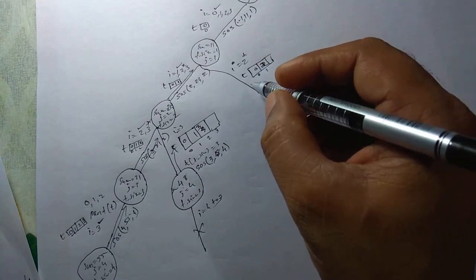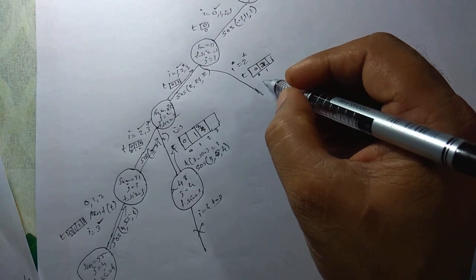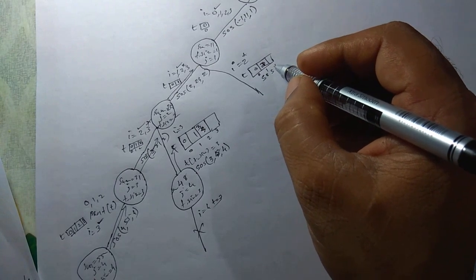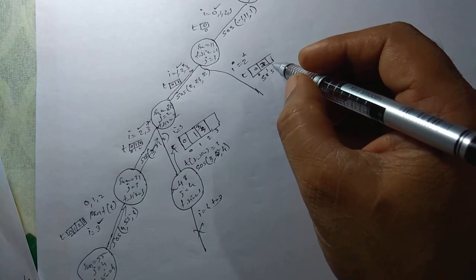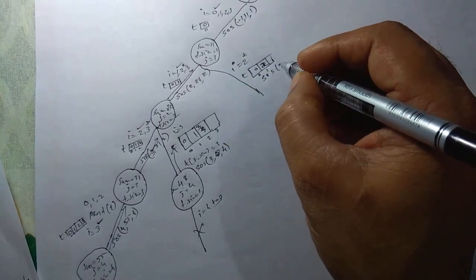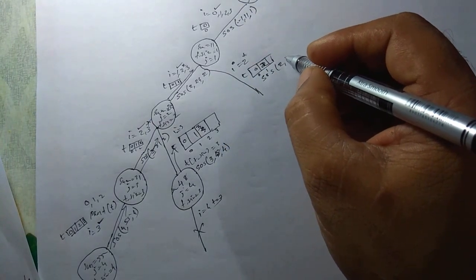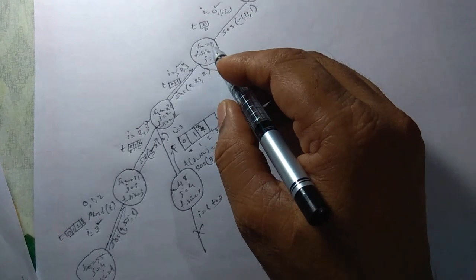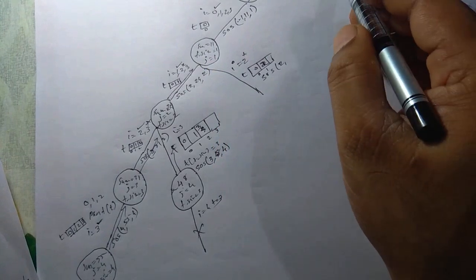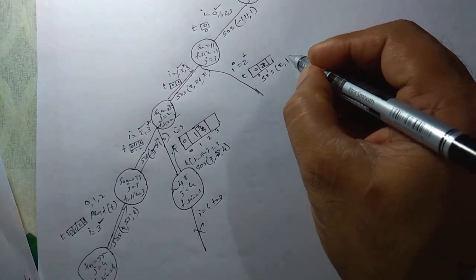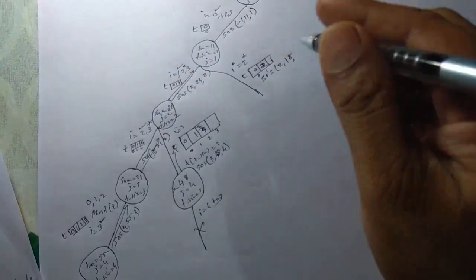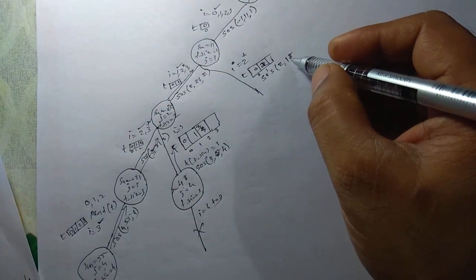Then it has to do SOS, sum of subset, with t size plus 1. T size is 1, so it is becoming 2. Sum plus s of i: sum is 11 here, 11 plus 7, so 18. So it is generating a node along the breadth, 18.